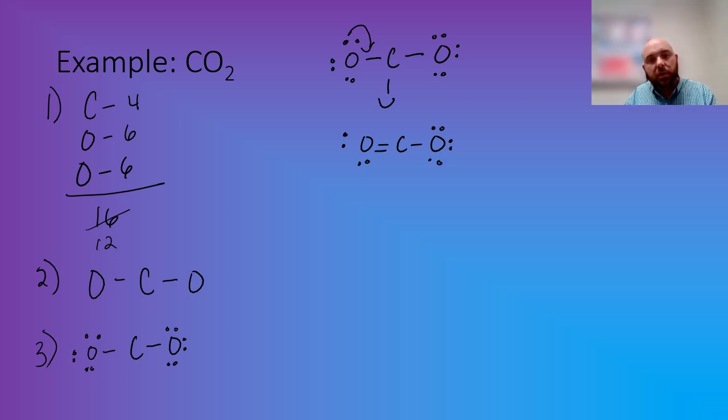So we've gotten closer to our octet on the carbon. We now have 6 electrons, but we're still not all the way to the 8. And it's at this point that formal charges will help us decide. We have 2 options for making the octet on the carbon work. We could either take one of these pairs and put it there to that carbon and arrive at this structure.